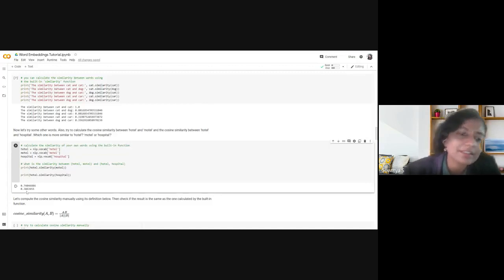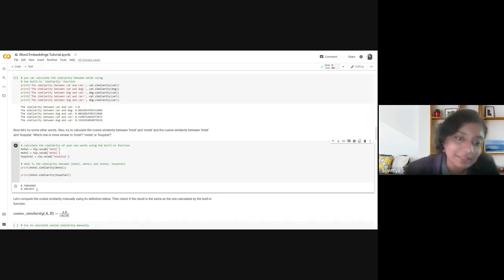Now this is an interesting example because if you see the characters between hotel and hospital, they're quite similar. Now we had looked at Jaccard similarity before, where we'll basically take the intersection and union. So if I did Jaccard similarity here, I actually get a high score because H, O, T and L are there in both.